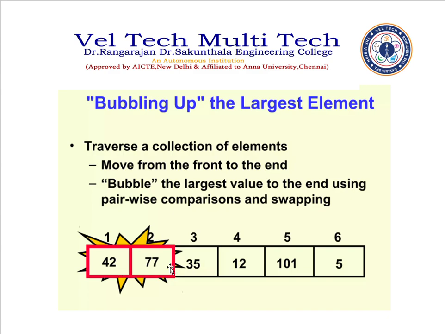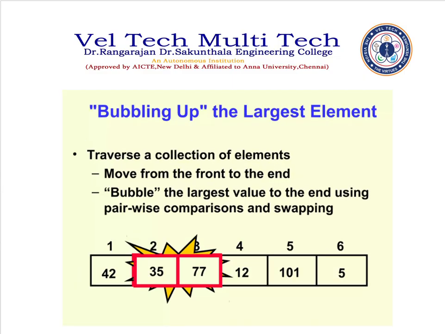Here 42 and 77 are in the correct position, so there is no need for swapping. And we'll move on, we'll bubble up, or we can say we are going to move on to the next two adjacent elements, which are 77 and 35, as shown in this place.